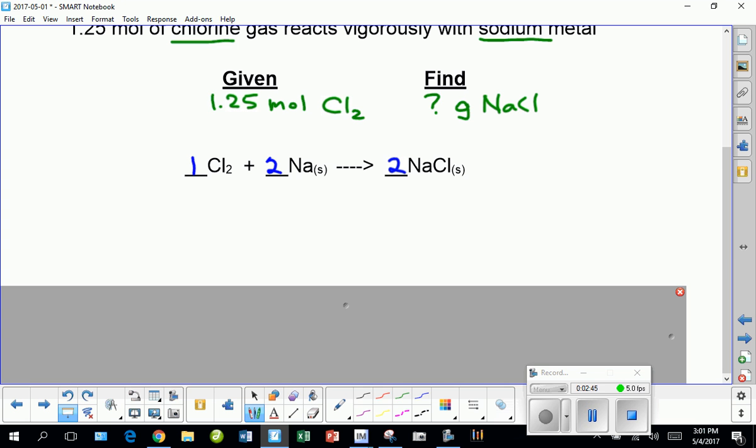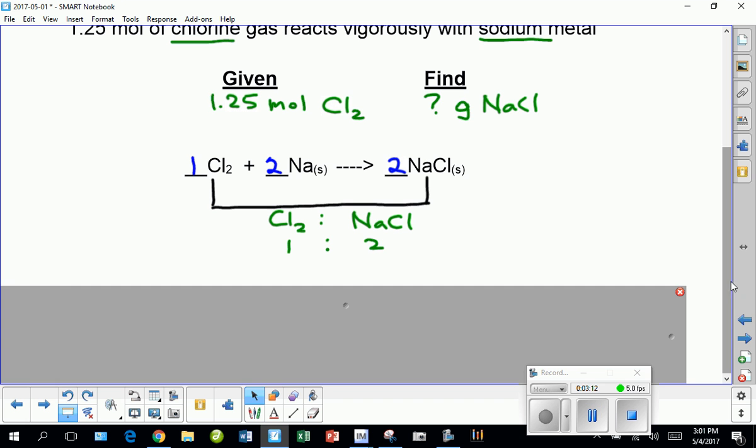So chlorine's where I'm going to start, and we're going to sodium chloride. We're going to make a mole ratio now, and this mole ratio is going to be Cl2 to NaCl, and the Cl2 has a coefficient of 1, the NaCl has a coefficient of 2. So it's a 1 to 2 relationship.